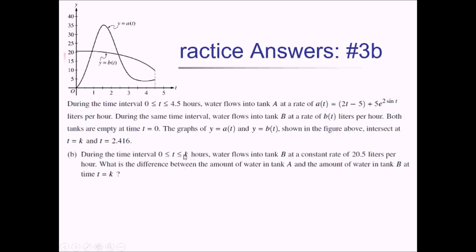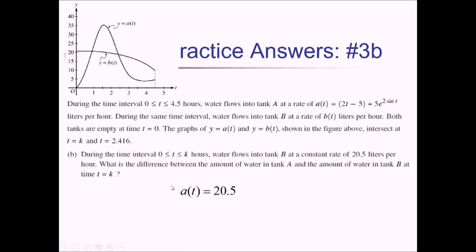So to figure out k, I'm going to have to figure out where one of these functions equals 20.5. The good news is that since we know this is a height of 20.5, and we know that a and b intersect at this spot, we know that a of t equals 20.5 at this time k. So to find k, I just need to figure out at what time a of t equals 20.5.